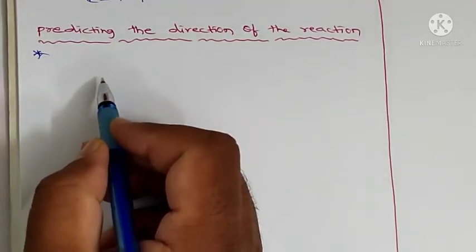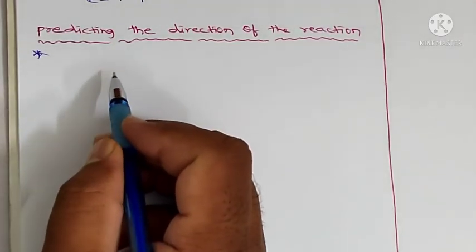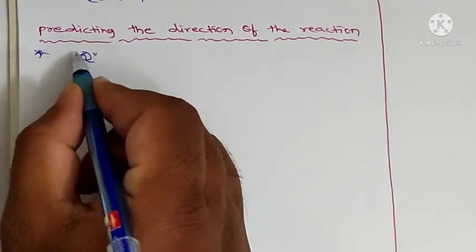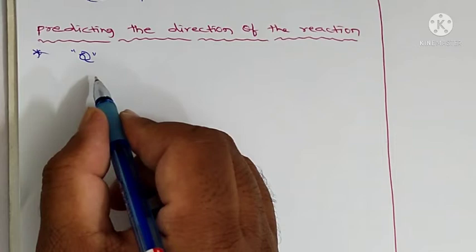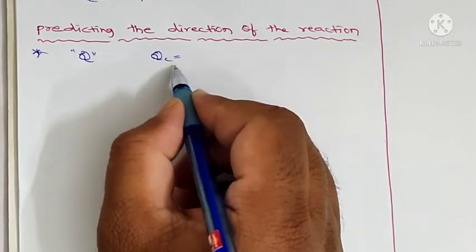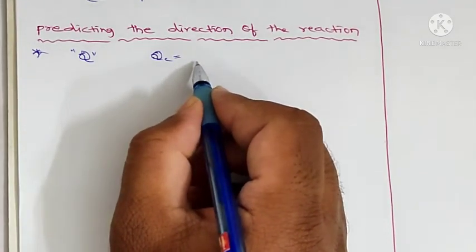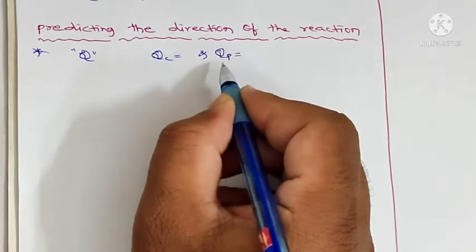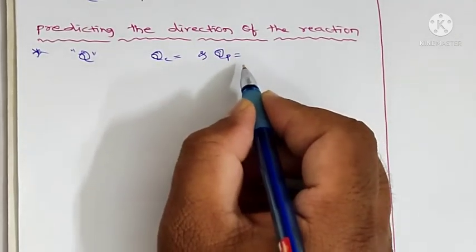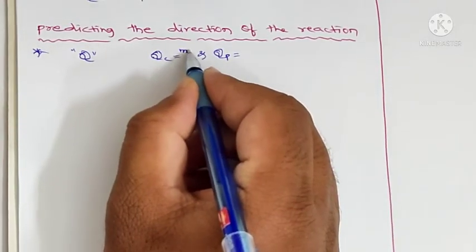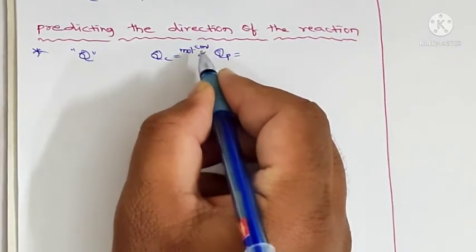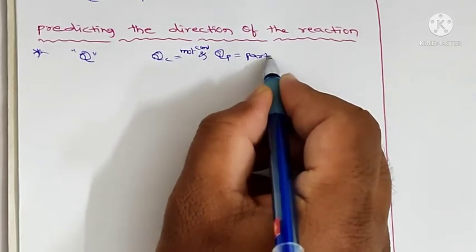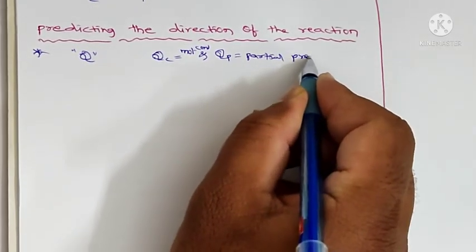So for this we have to calculate the reaction quotient Q. Qc is with the molar concentration and Qp is with the partial pressure.